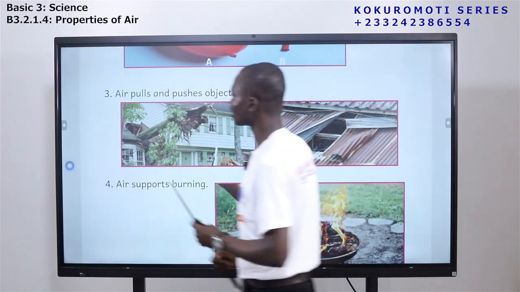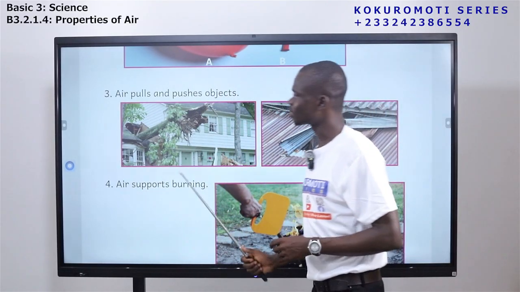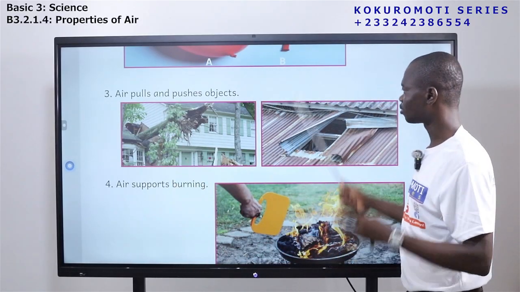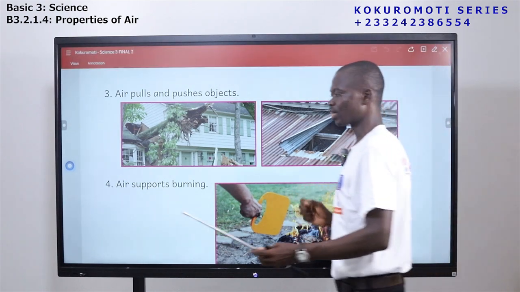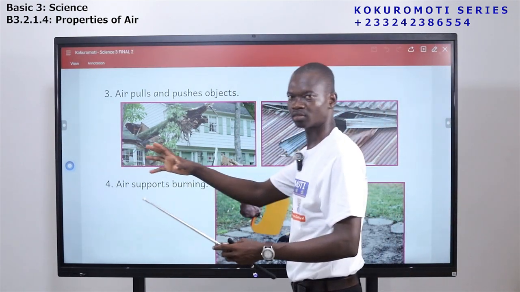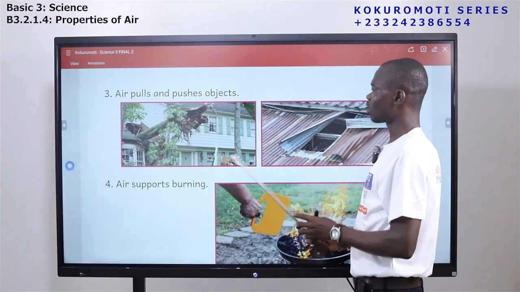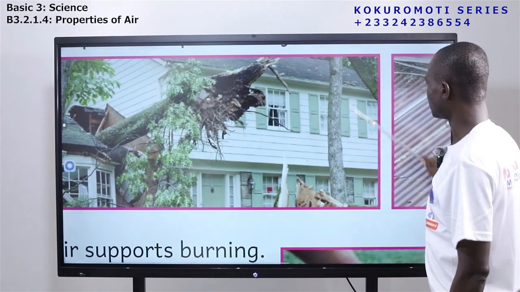Now let's come to question number 3. This is another property of air. Air pulls and pushes objects. So air can push something, and it can also pull something. Now if you look at this picture, this is a tree.